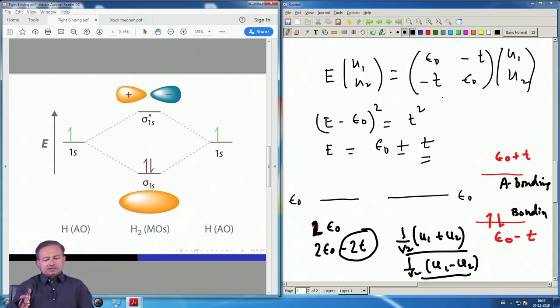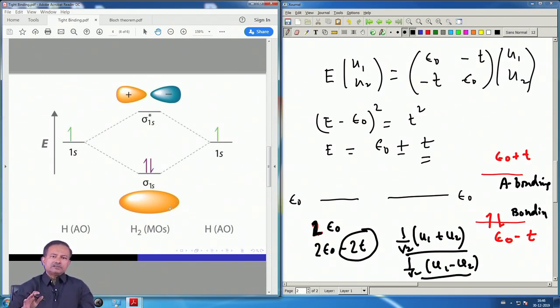Originally these are stationary states, epsilon naught, and when the two atomic states were far separated, there is no chance for the electrons to move from one side to the other, and they would be stuck to their individual orbitals, which in this picture on the left are these two 1s orbitals.